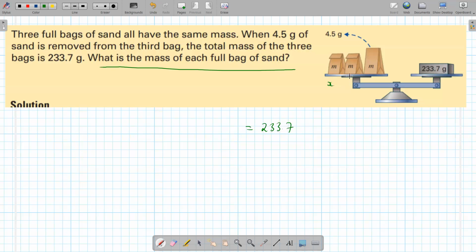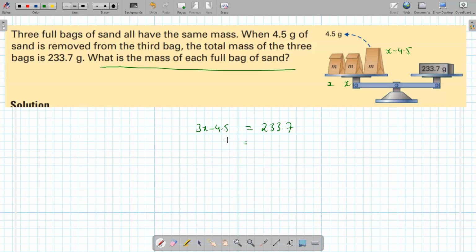Just X? Yeah, second bag is also X, but the third bag is not X. What's the mass of the third bag in terms of X? It's X minus 4.5. Yeah, perfect. Okay, now what goes on the left side of this equation? 3X minus 4.5. Yeah.